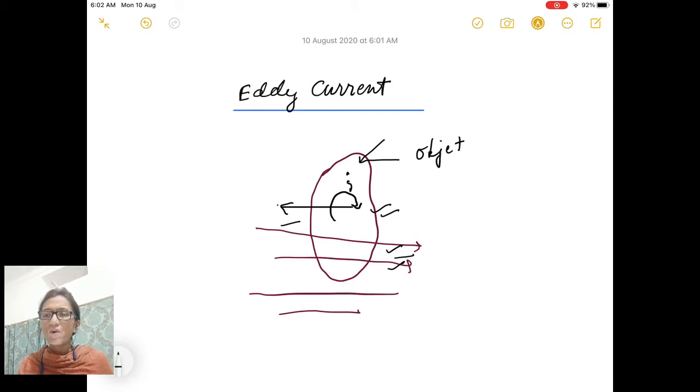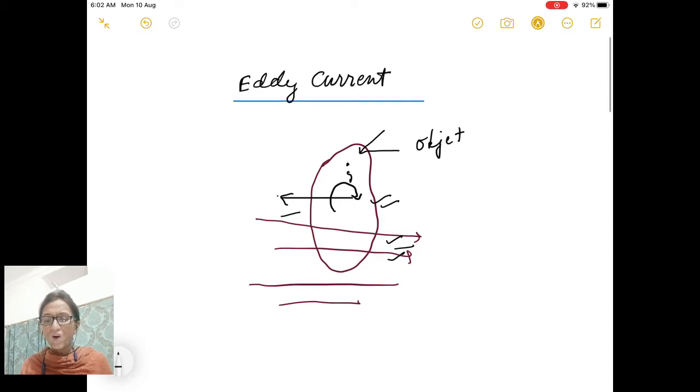Now, if you do not have such a wire and you have a voluminous object kept in any changing magnetic field or changing flux, in that case also you will find that an EMF is induced and current is produced in the voluminous object, and that current is called eddy current.